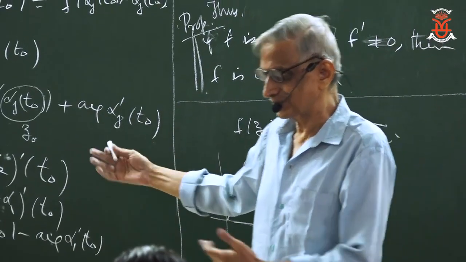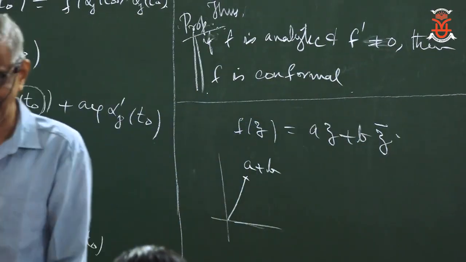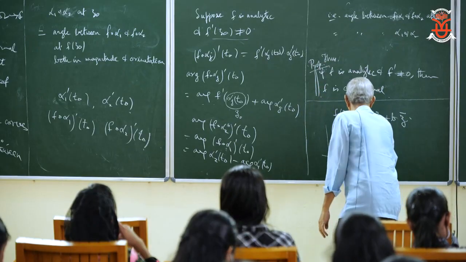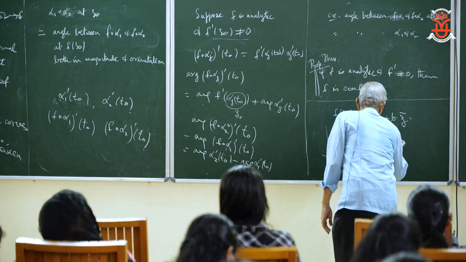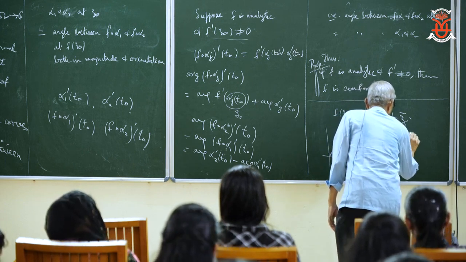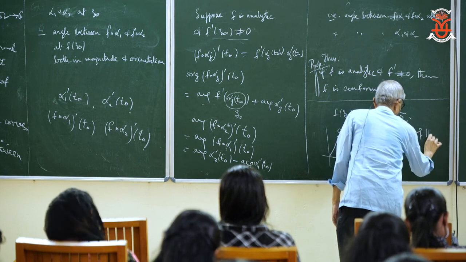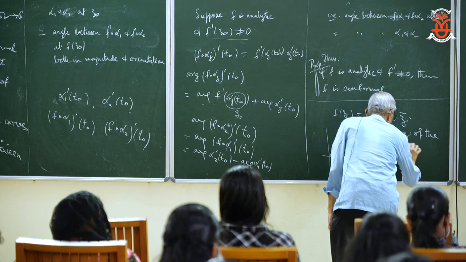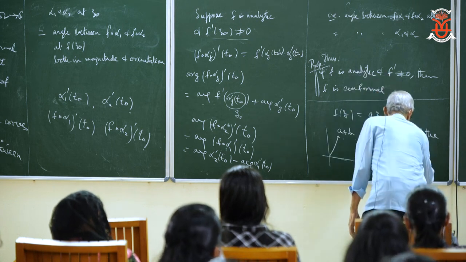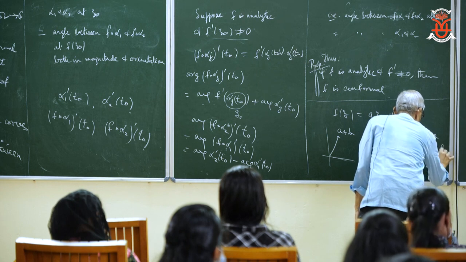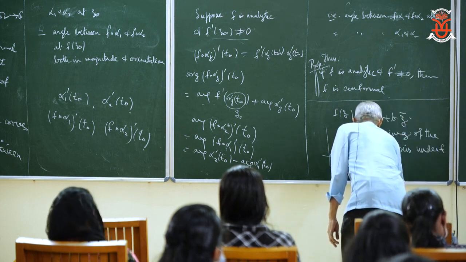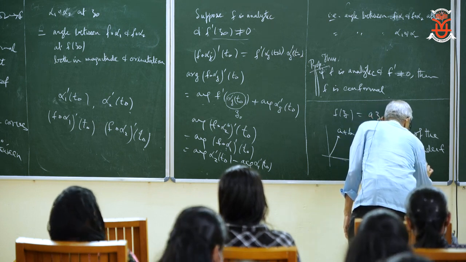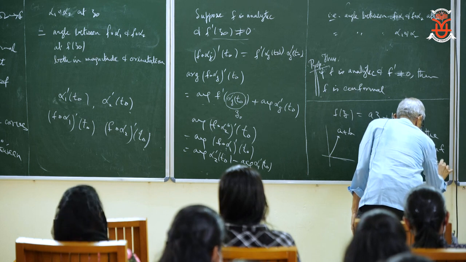And z is real, so z is x. Okay, so you just get ax plus bx. So the image of the real axis under f is the line through a plus b and the origin.